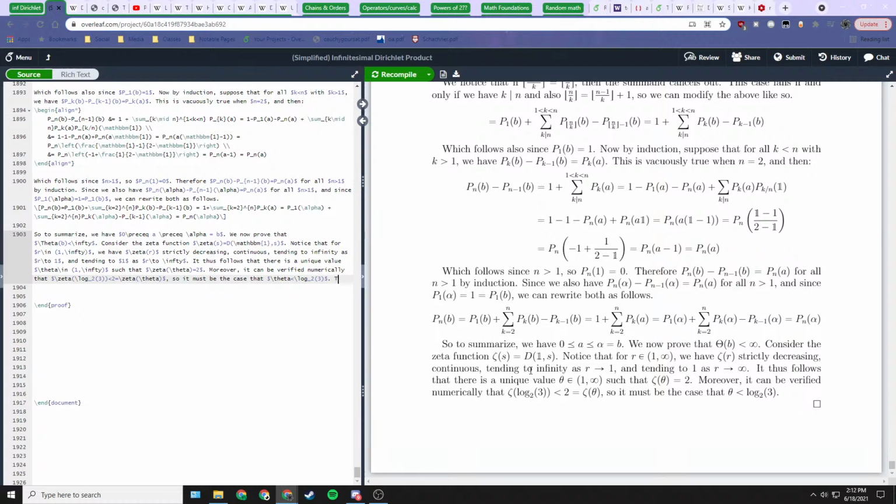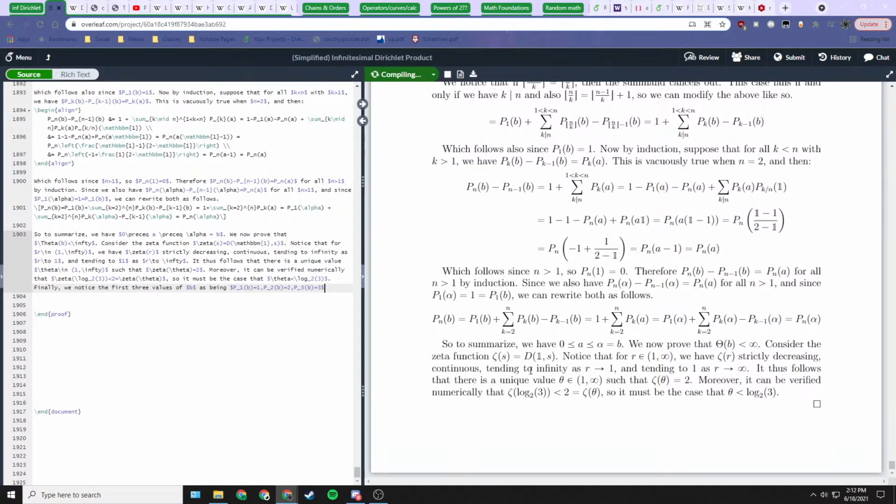Given this, this allows us to verify. So now, finally, we notice the first 3 values of b: p sub 1 of b is 1, p sub 2 of b is 2, and p sub 3 of b is 3. 1, 2, 3.